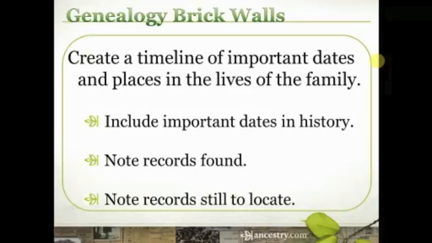Usually it's just when I'm trying to solve a problem. This is one of the strategies I use. So I'll create a timeline like in a spreadsheet where I just list the date and the place and the event. So, on November 27th, 1843 in Fulton County, Georgia, the father of this family was born.